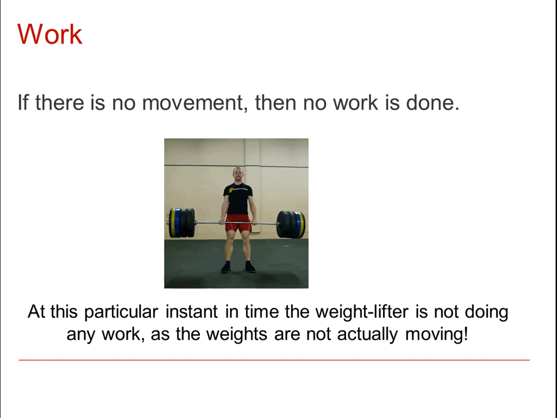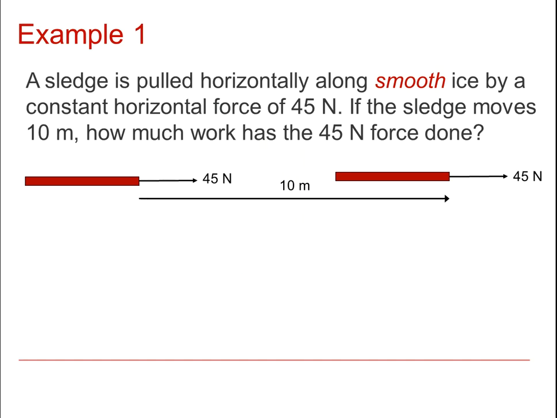Now just a couple of examples using the idea that work is force multiplied by distance moved. In the first example, we've got a sledge which is being pulled across smooth ice. Smooth is a modelling term which means that we've got no frictional forces. So smooth is really used as a mathematical modelling tool to say that we can ignore any frictional forces.